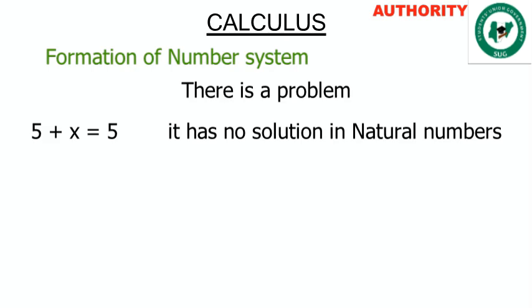Let me just show you for an instance. A man that is selling cows has 5 cows, and he sold 5 of them in a day. Somebody asks, how many cows does this man have? Definitely the number of cows that this man has is 0 cow.